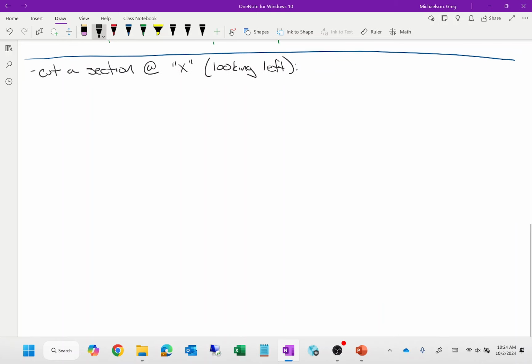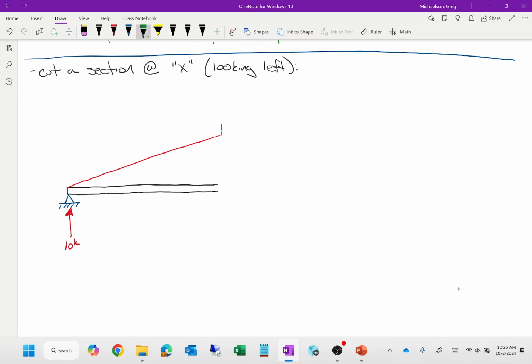So let's see. Remind me, what was this reaction right here? 10 kips, right? There's shear and moment.